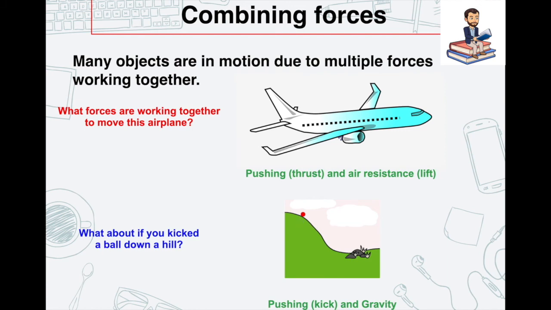Then gravity is going to do the rest. Gravity is going to keep that ball rolling down and down until maybe it hits that rock. If that rock wasn't there and it was a straight line, it would continue rolling until friction took over and the ball eventually stopped.